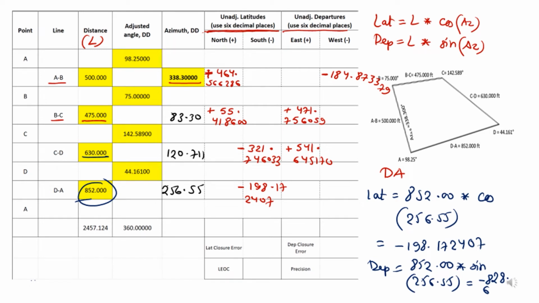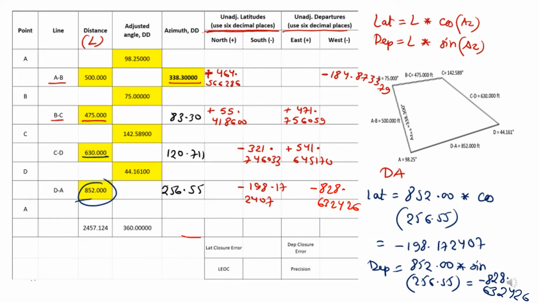Sorry for that glitch. So I write it right here, negative 828.632426. So this is how I calculate the latitude and departure of all the lines using the equations.